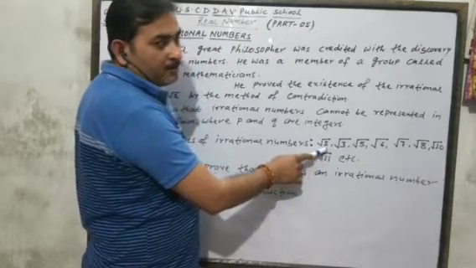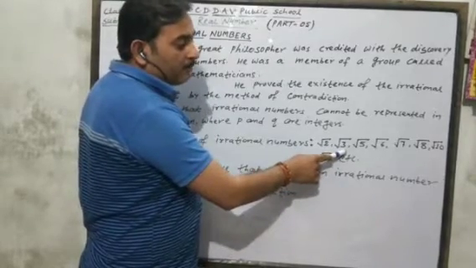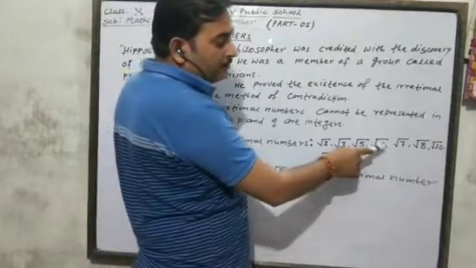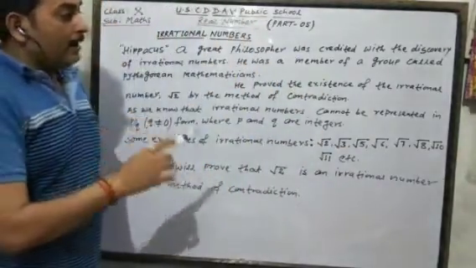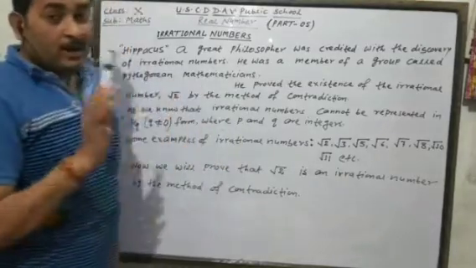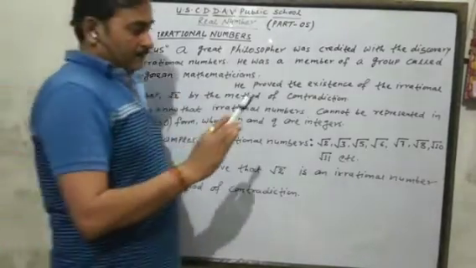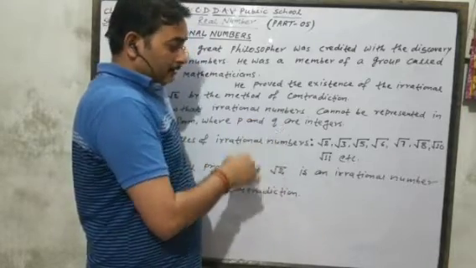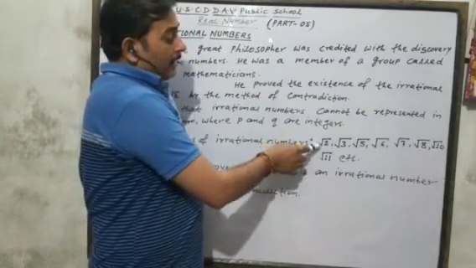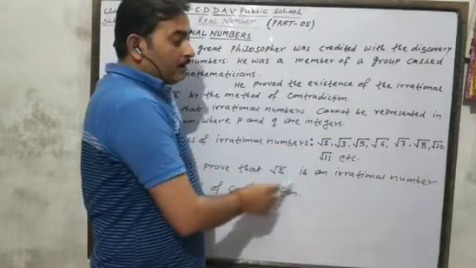2 is a non-perfect square, 3 is a non-perfect square, 5 is a non-perfect square, 6 is also a non-perfect square. So all the non-perfect square numbers taken together, their square roots will be irrational.